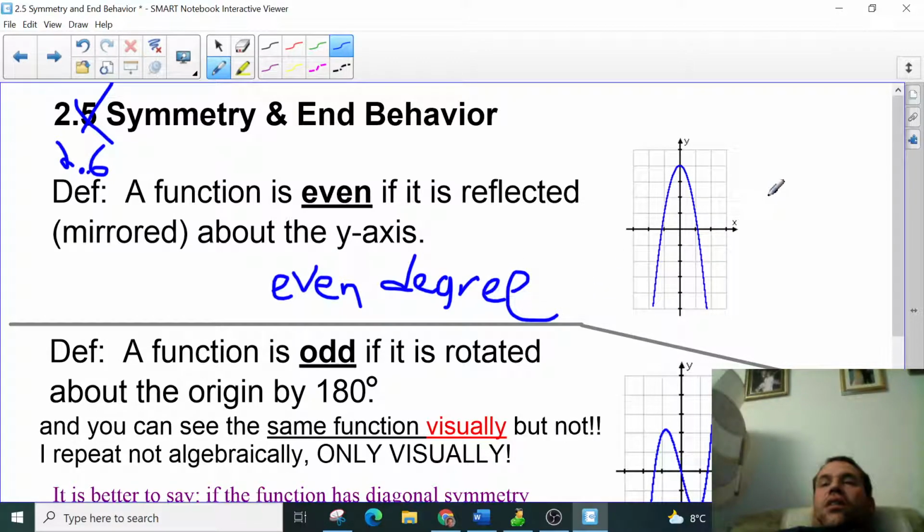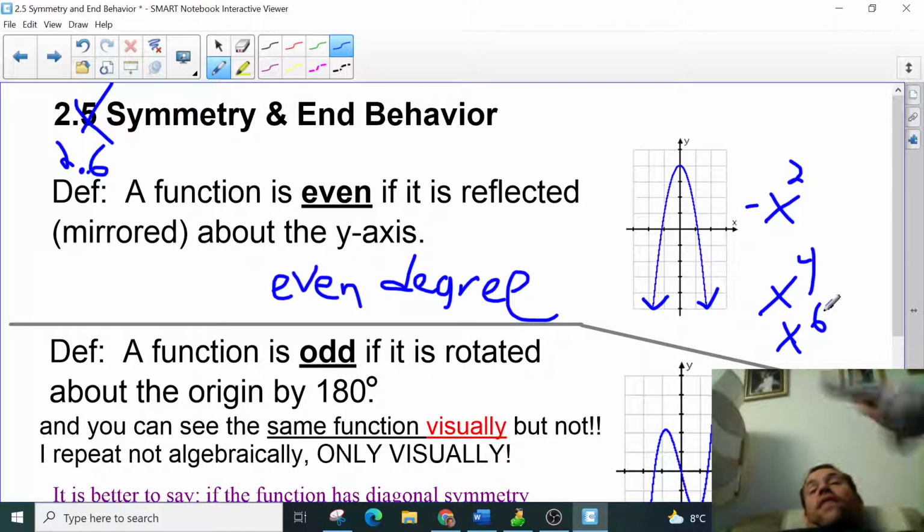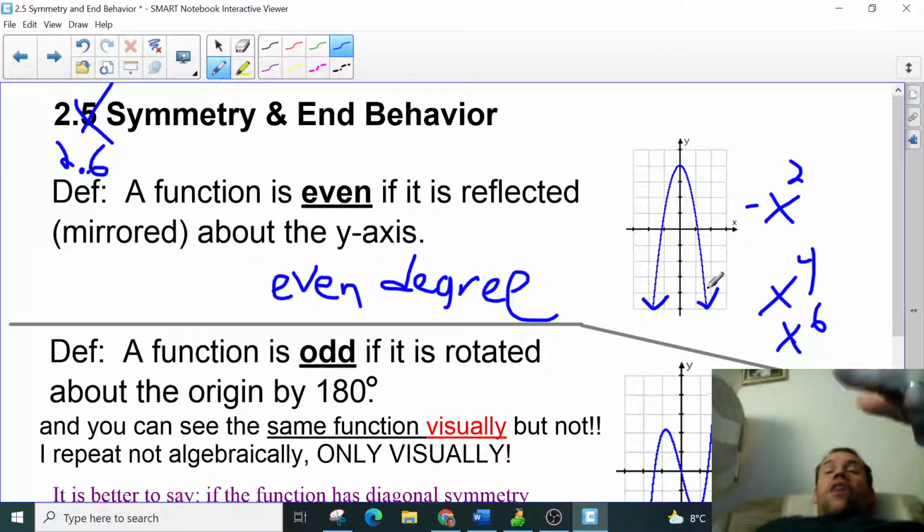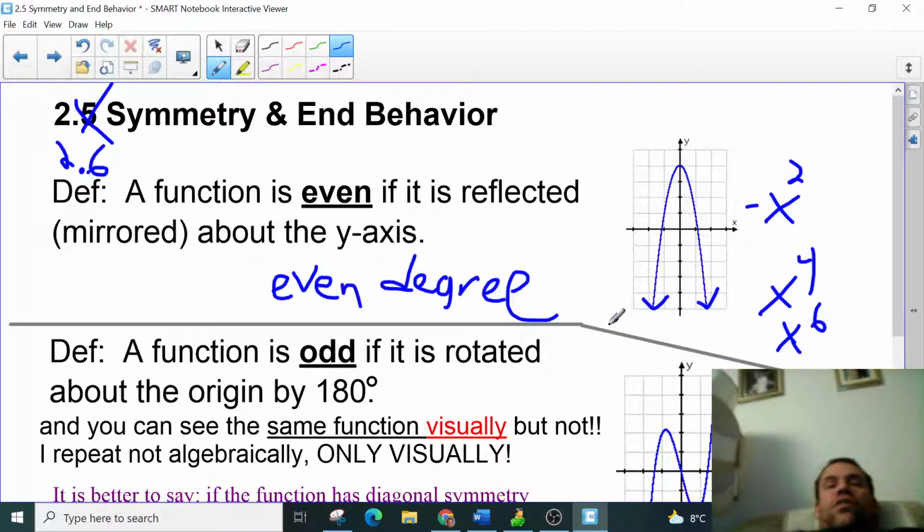So this could be x squared, or maybe even negative x squared because it's going down. You could also have x to the 4th power, x to the 6th power. So if you see in the equation the highest power, which is called the degree, and it's even, then it goes down, down, or up, up. If it's odd, then it goes in opposite directions.